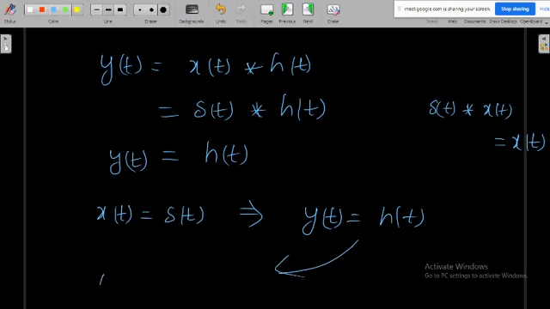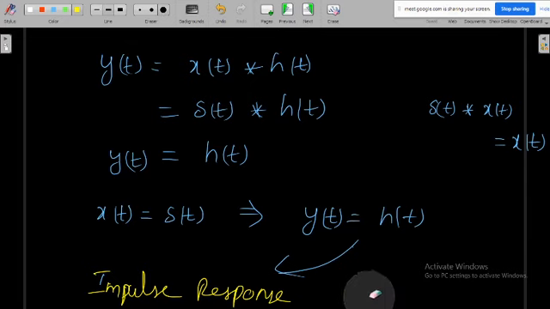Impulse response means: what is the output when you provide the input as an impulse? That is the impulse response.